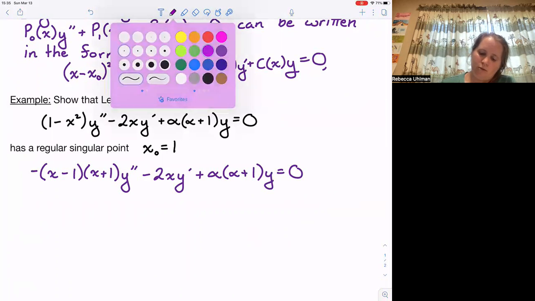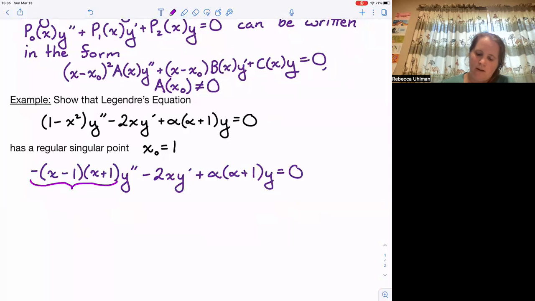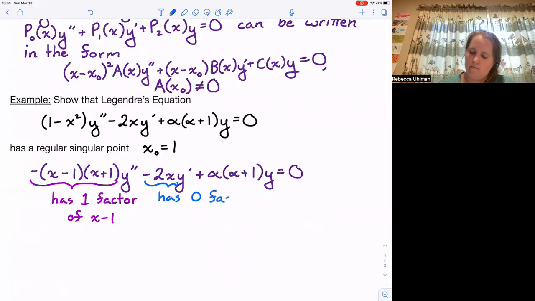The polynomial in front of y double prime has one factor of x minus 1, and the second term currently has 0 factors of x minus 1. So if we multiply the entire equation by x minus 1, we will have our 2 factors, our 1 factor, and our 1 factor.